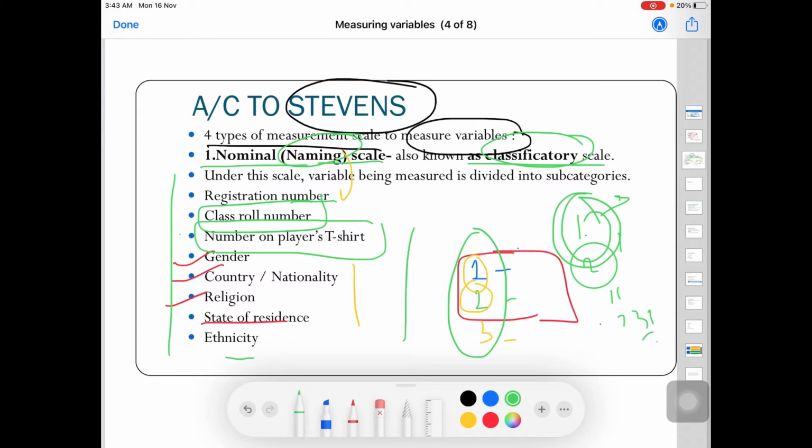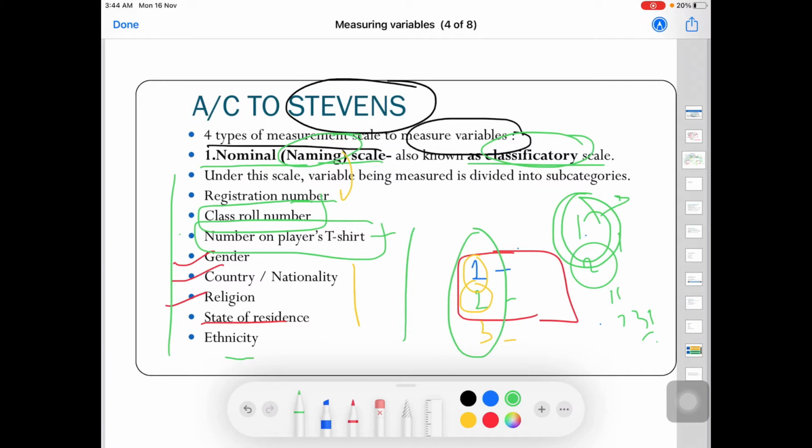Just try to understand once again. If there is a football team wearing t-shirts, and on each t-shirt there is some number, that number doesn't have any significance, like the one wearing t-shirt number 1 will be a striker and t-shirt 2 will be a defender. No, the numbering is just done for our own convenience, so that we can do our paperwork easily.